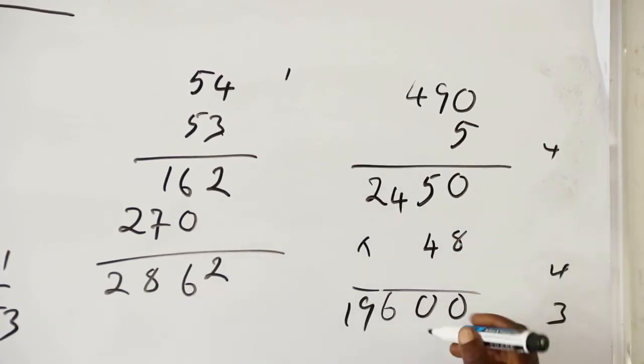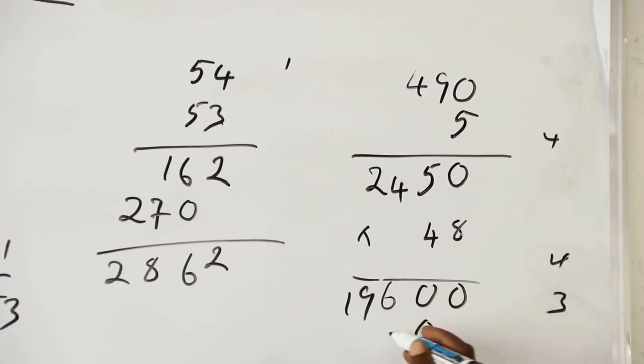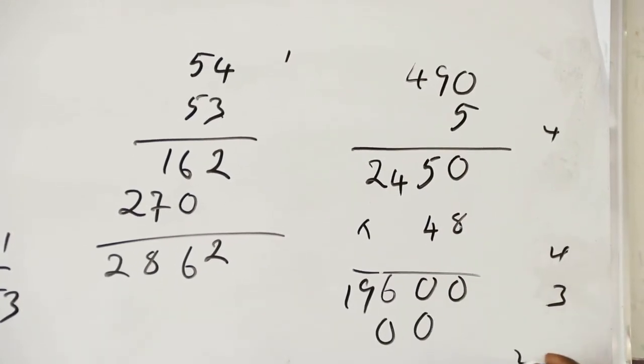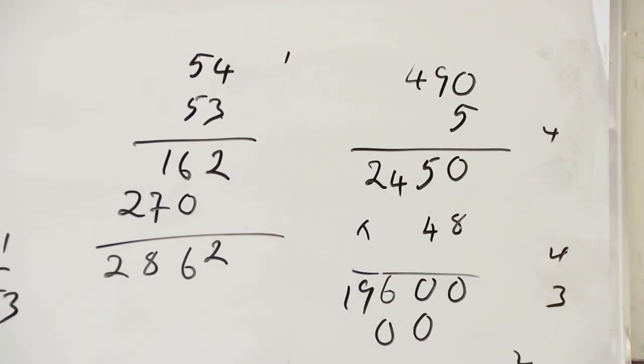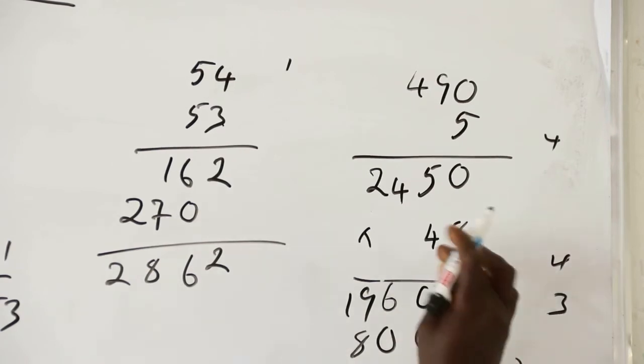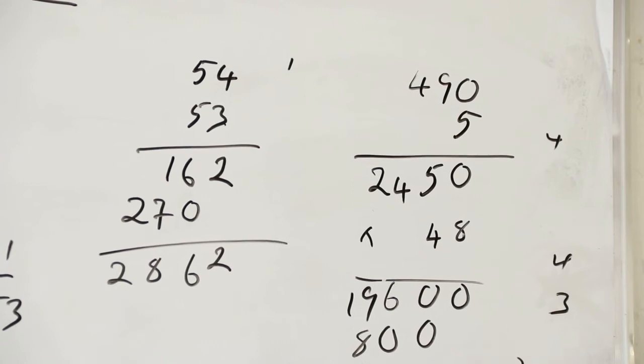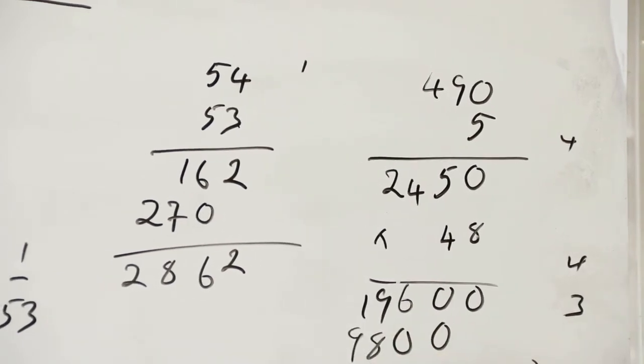Then 4 times this we have 0, 4 times 5 we have 20, 0 carry 2, 4 times 4, 16 plus 2, 18, 8 carry 1, 4 times 2, 8 plus 1, we have 9.